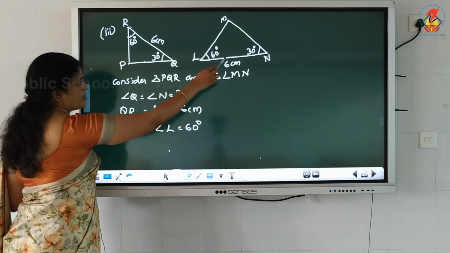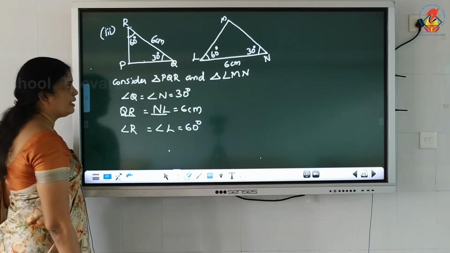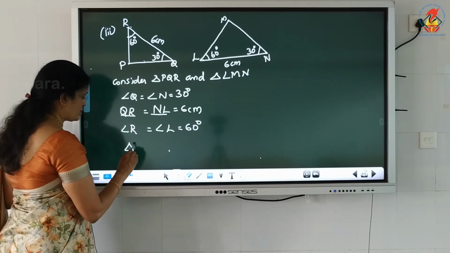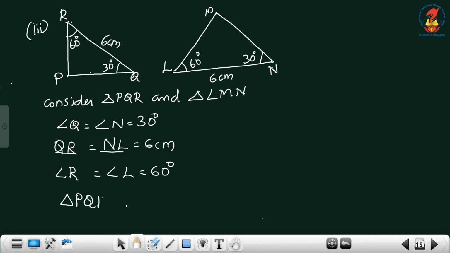Therefore, these two triangles are congruent by ASA. Therefore, triangle PQR is congruent to, matching the sides, you should write it.